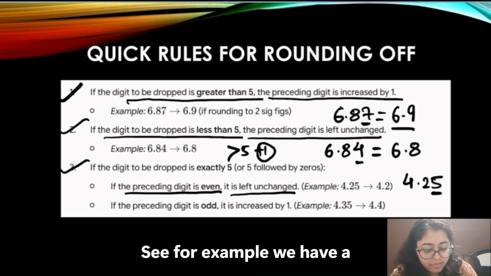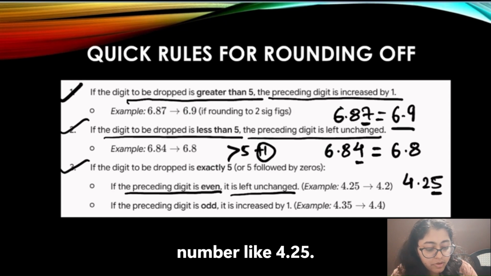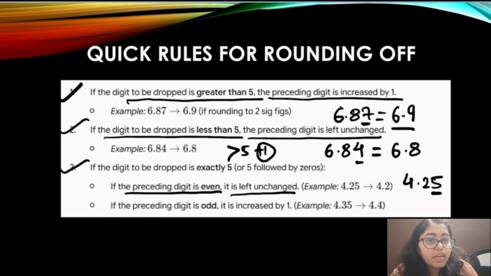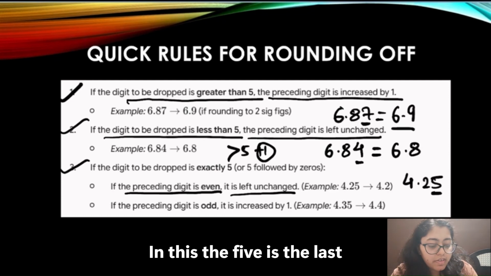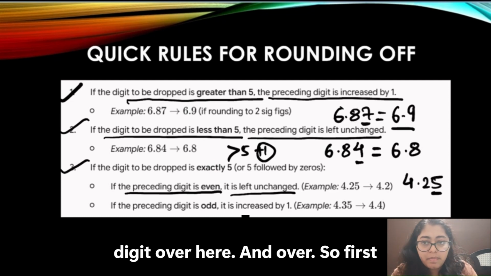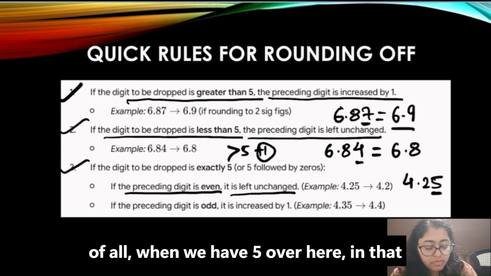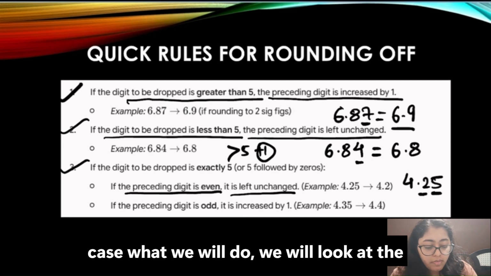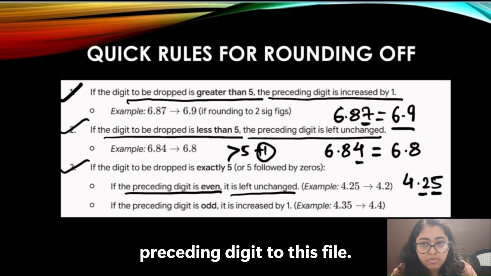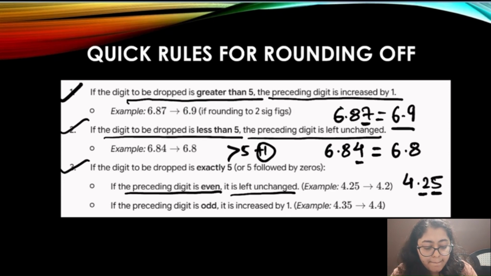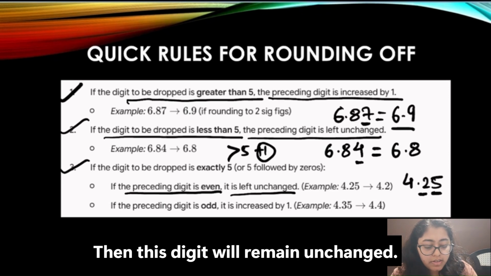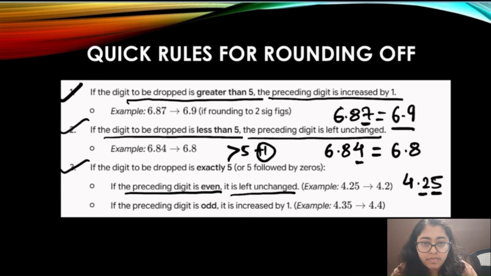See, for example, we have a number like 4.25. In this, the 5 is the last digit, so when we have 5 over here, what we will do is look at the preceding digit to this 5. If it is even, then this digit will remain unchanged.